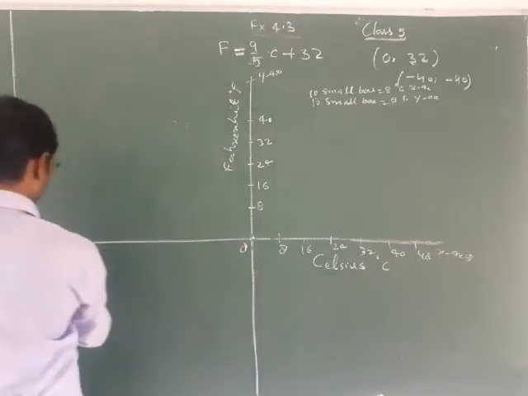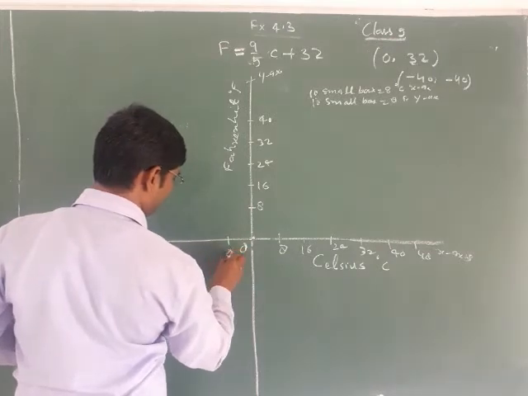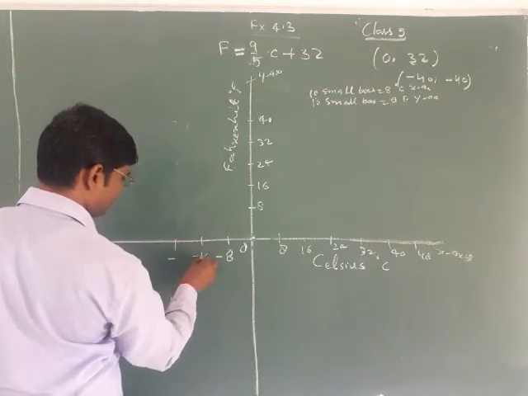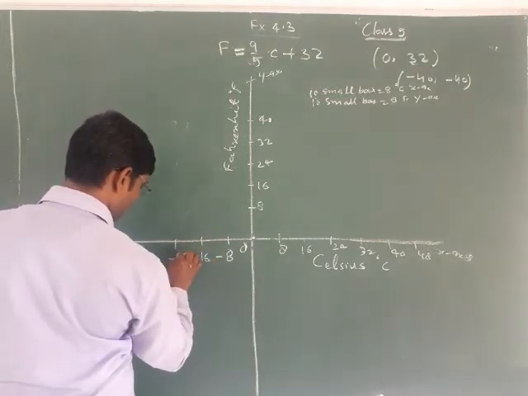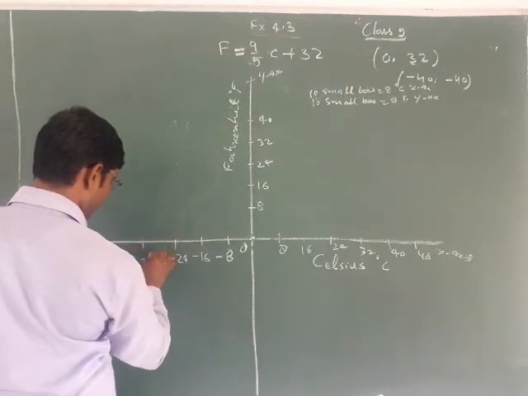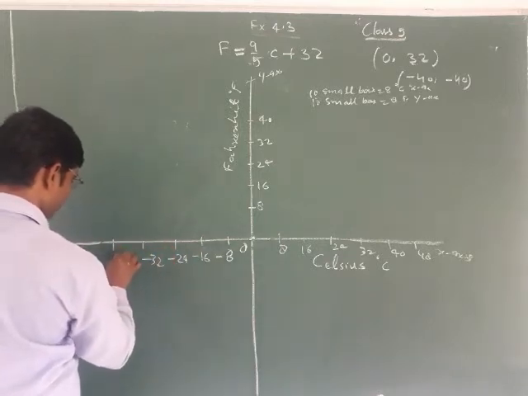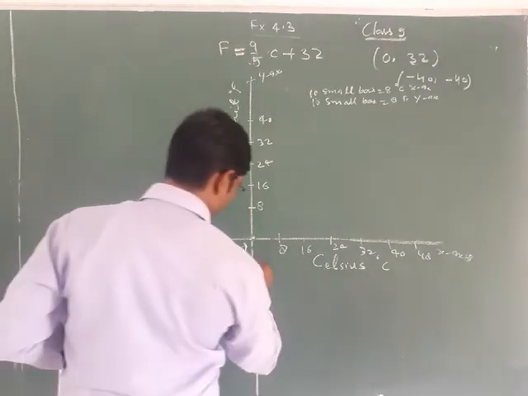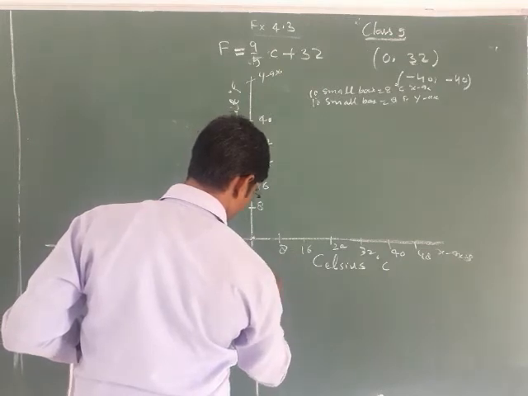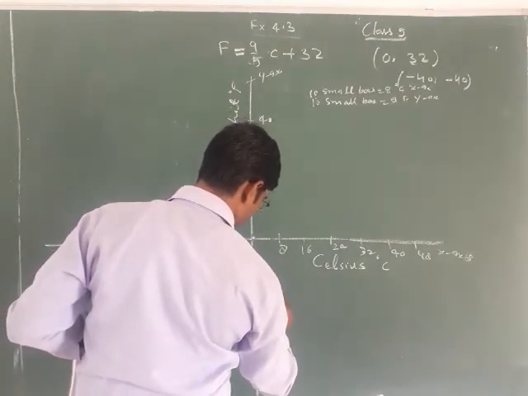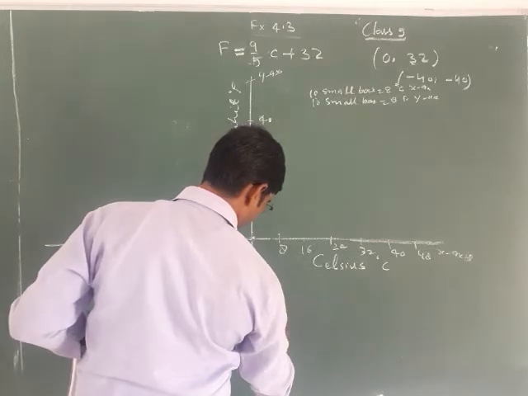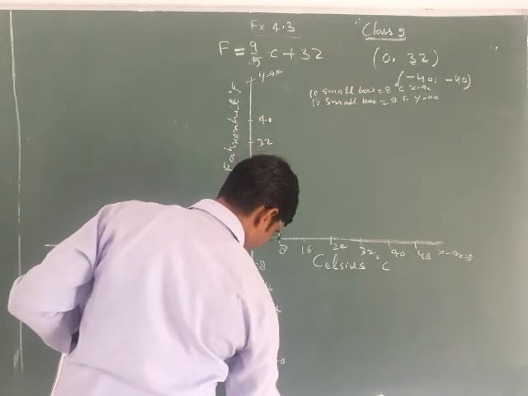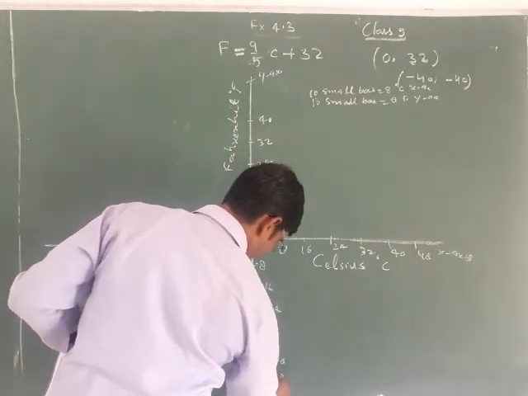Also this is -8, -16, -24, -32, -40, so -48. Also on the y-axis, -8, -16, -24, -32, -40, so -48.